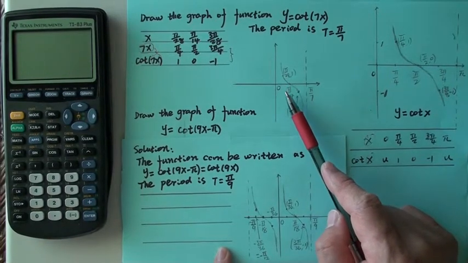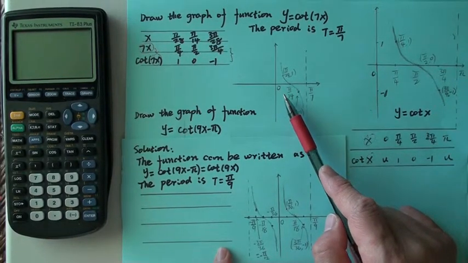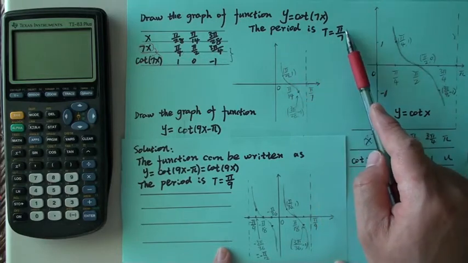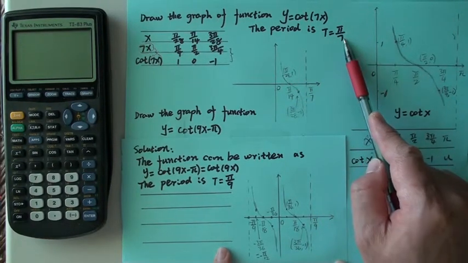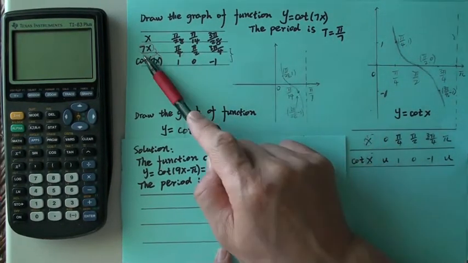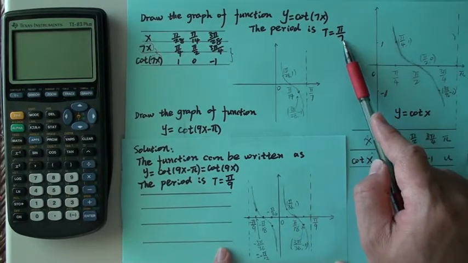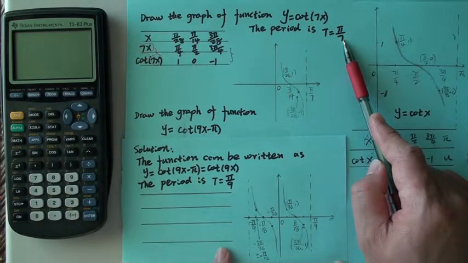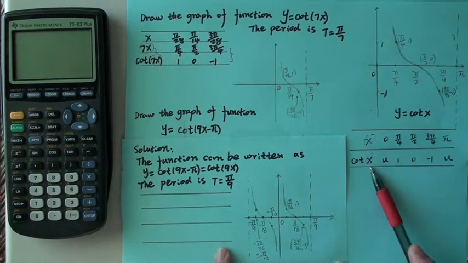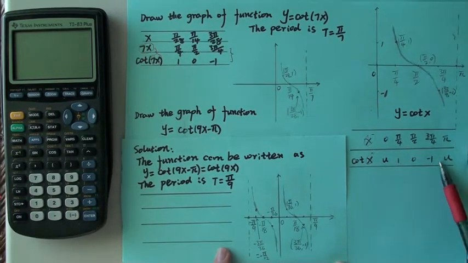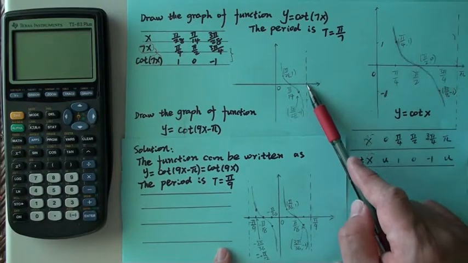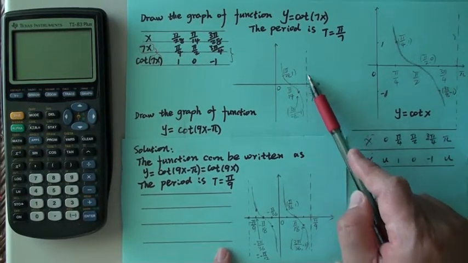And then, when x equals pi over 7, 7 times pi over 7 is pi. And we know cotangent pi is not defined. That's why we say here pi over 7 is the asymptote.